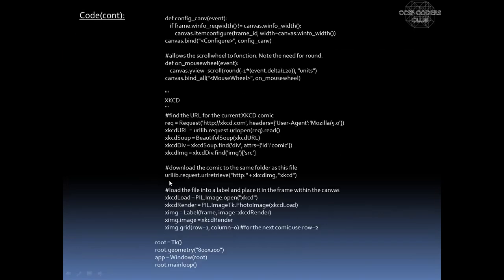So when you're actually using that variable, you do have to add that to the string in order to download it. And then it saves it onto your hard drive, and here I just created a file called xkcd on the hard drive. And then from there I use that file to show it in tkinter using the Python imaging library. And then there's more tkinter boilerplate code.